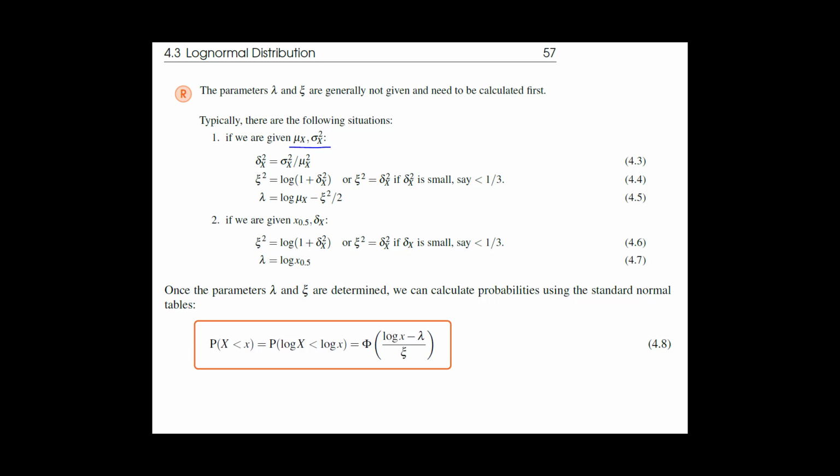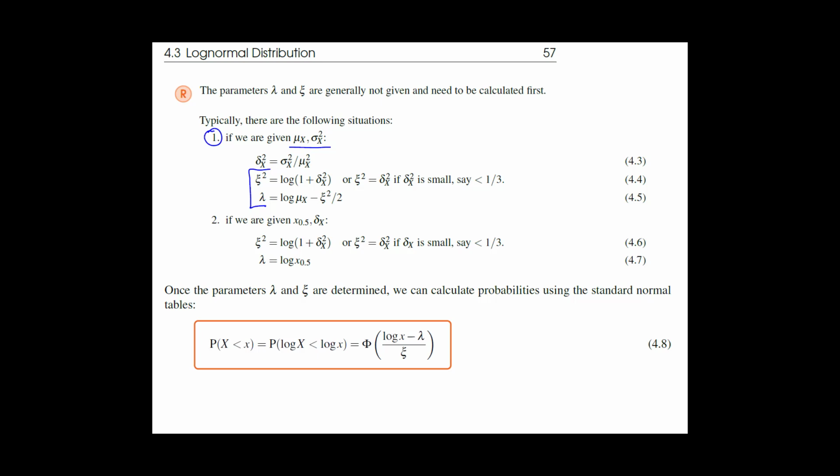So there's mainly two situations that are typical. So first is when you know the mean and variance of x. We're going to use the equations in the previous slide to solve for both psi squared and lambda, like that. Right, so first we're going to compute the coefficient of variation squared because it's given to you, right?